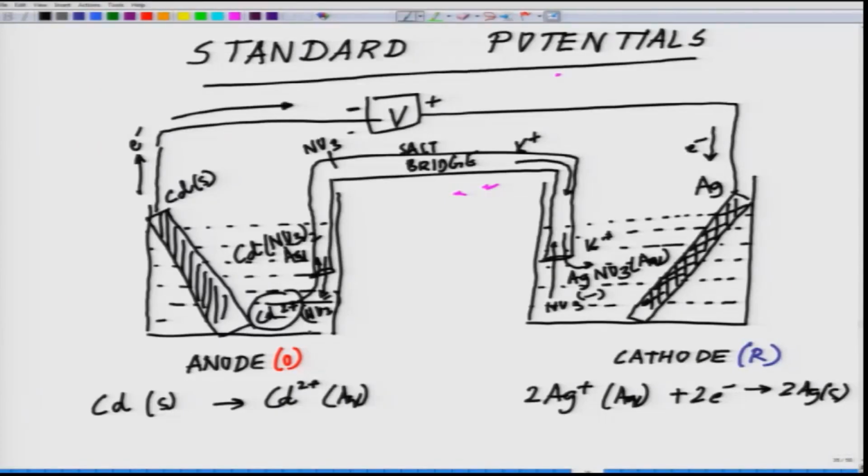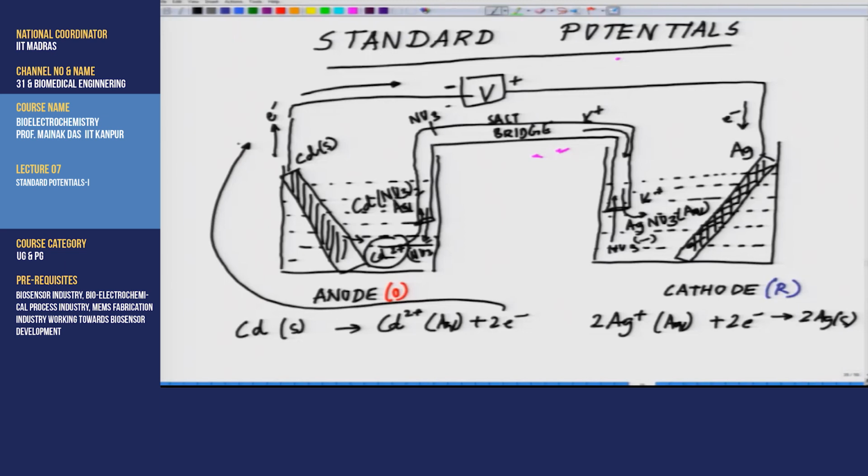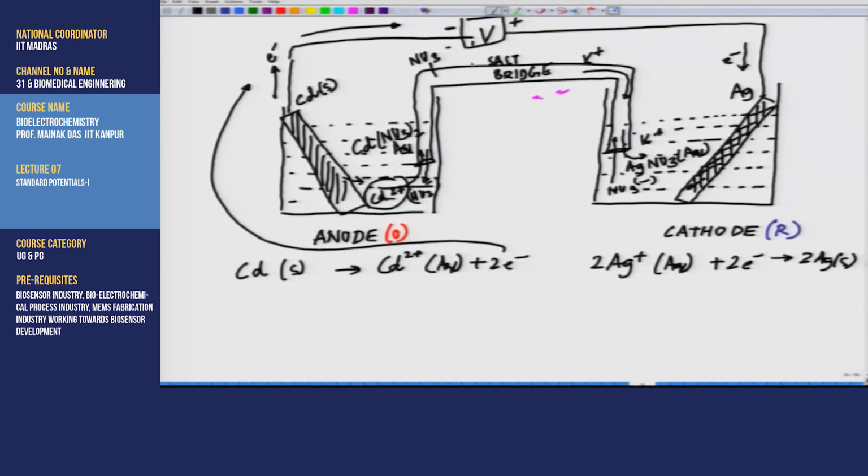As you can see, the cadmium 2 plus is coming into the aqueous solution, and in that process it liberates electrons, and these are the electrons which are getting carried. In summary, in the last class we talked about the voltage measured in this figure, this is where you are measuring the voltage. The voltage measured is the difference of the electric potential between the silver electrode on the right and the cadmium electrode on the left.